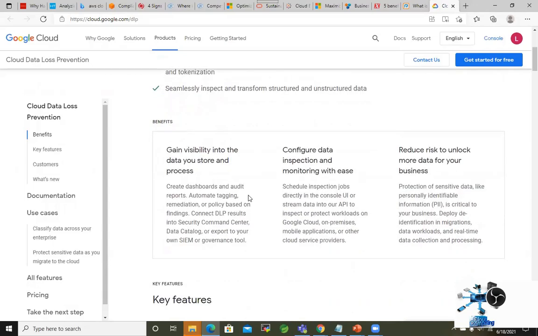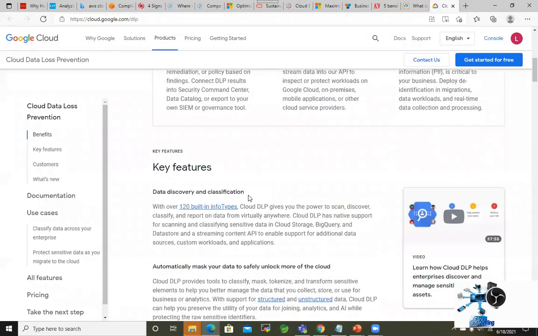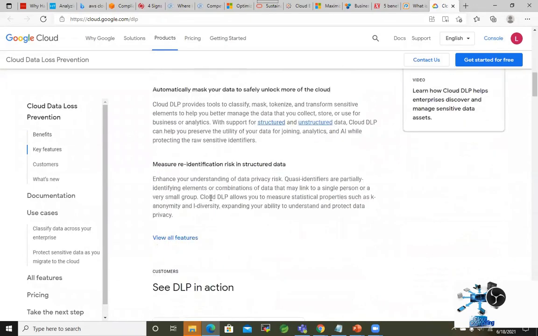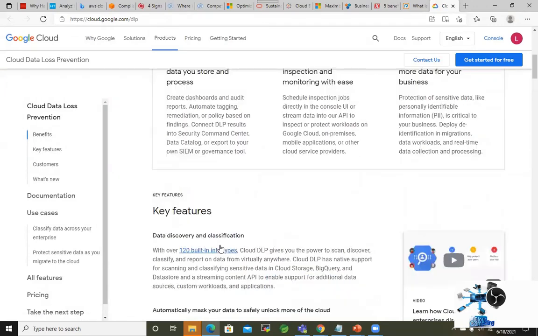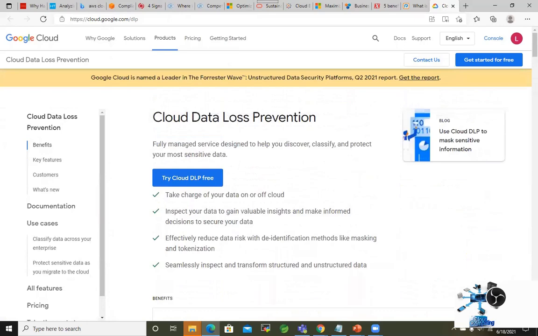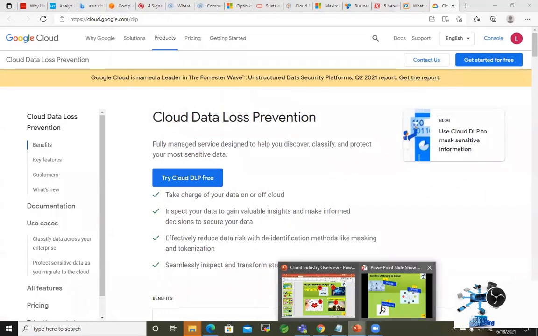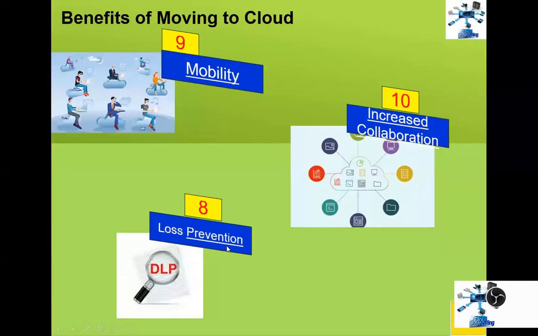In the cloud, the vendor, the CSP, the cloud service provider, takes care of those things. DLP is a somewhat broad topic, but this is just to give you an idea. So it's a benefit when moving to the cloud: data loss prevention, DLP, right?